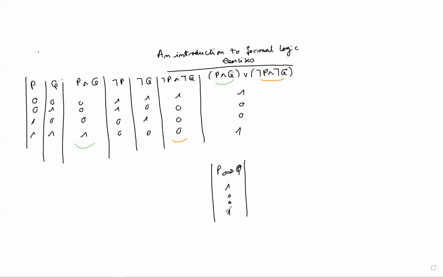What you notice is that it's the same, because I told you the equivalence is true when they are true at the same time or false at the same time. Here they are false at the same time, the equivalence is true. Here they are true at the same time, the equivalence is true. So if you want, it's not very simple, but you can write this like that because it has the same truth table, so it's equivalent.